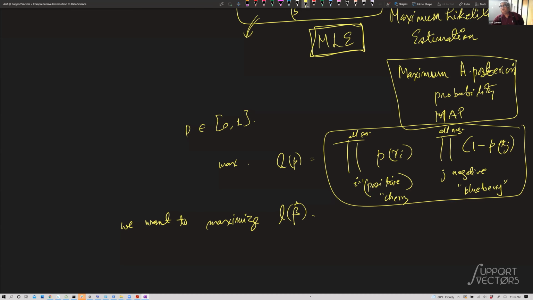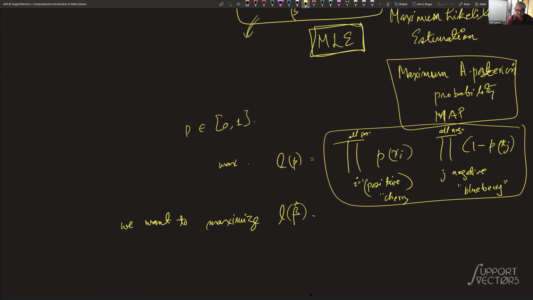Now, it turns out that most of the optimizers, things that do gradient descent, like to go to the minima, isn't it? But here we are trying to maximize something. So how can we go from maximizing something to minimizing something? Just take the negative of it, right? So suppose you take minus log L beta.